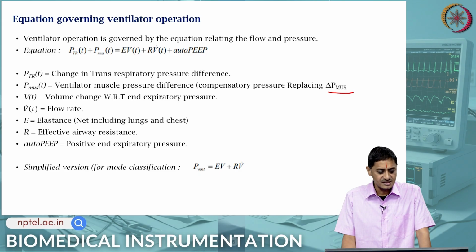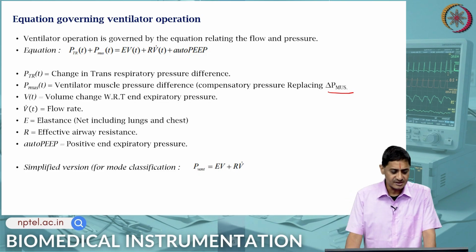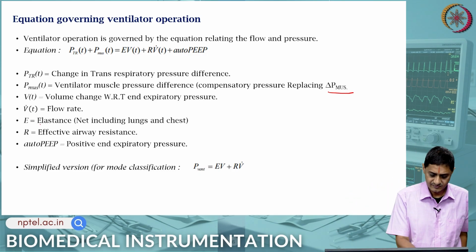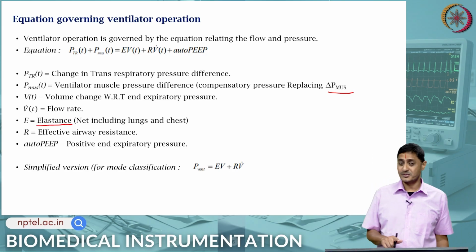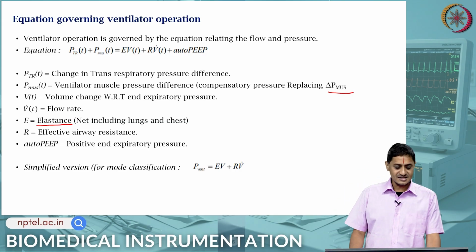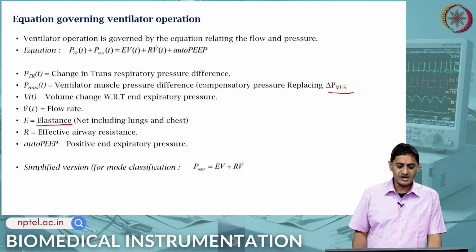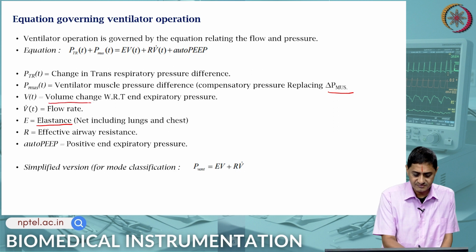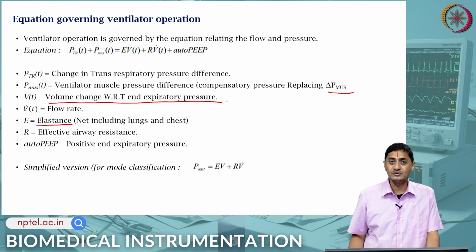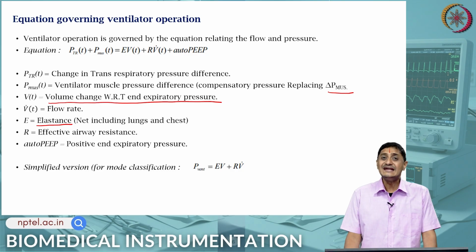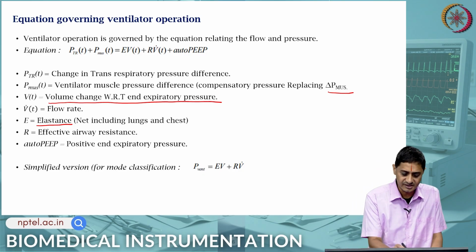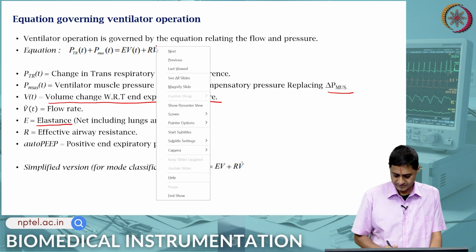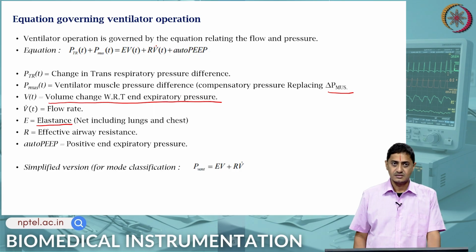It is essentially E times V of T. What is E? E is elastance, which is essentially the inverse of compliance. Elastance times V of T. What is V of T? V of T is volume change, with respect to end expiratory pressure, plus R times V dot of T. Note there is a dot here, V dot T. What is V dot?